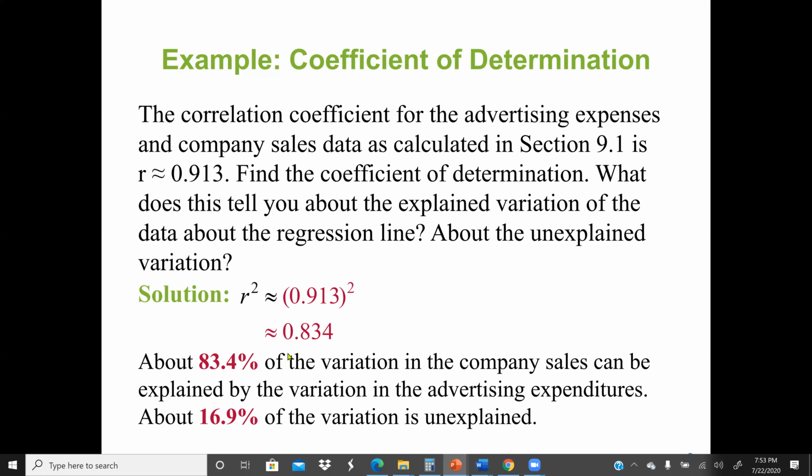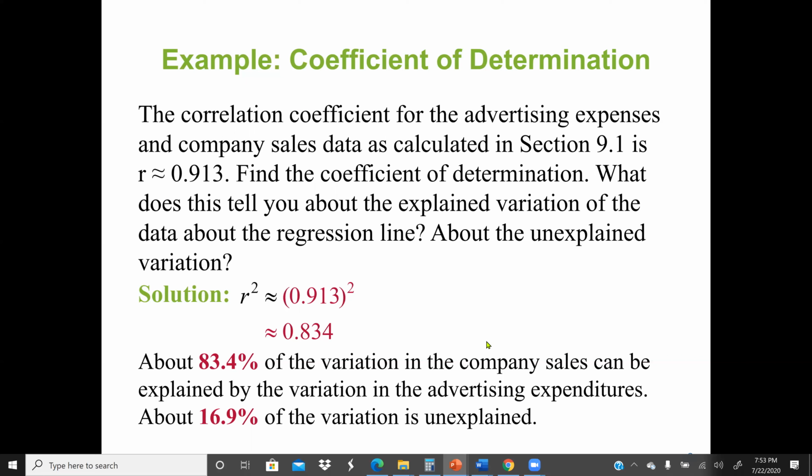Now, this tells us that 83.4% of the variation in the company's sales can be explained by the variation in the advertising expenditure. Advertising expenditure is our independent variable. Since the expenses are different values, the company sales are different values also.